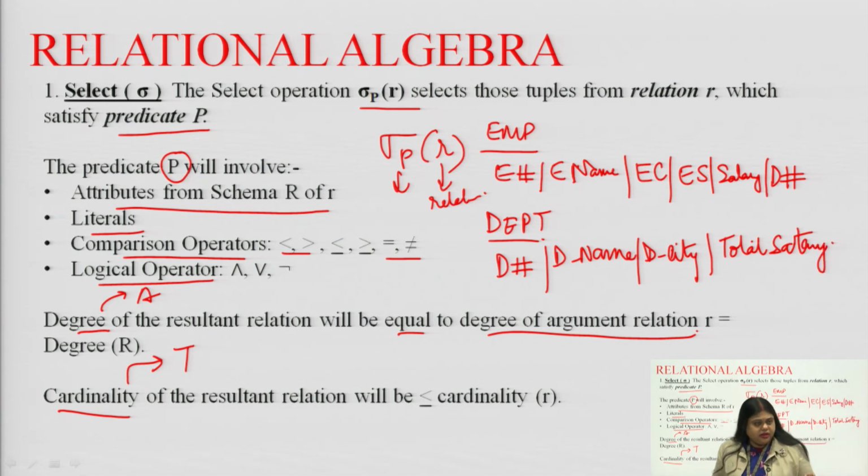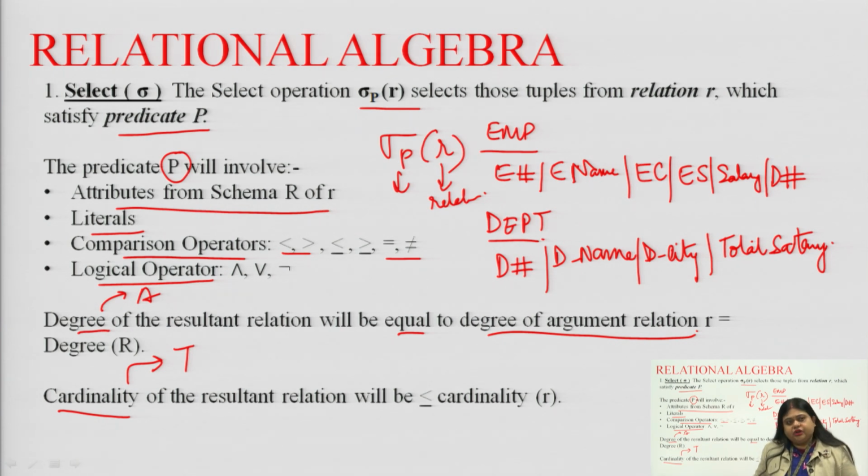Now, I am taking a very simple question that we will solve using the select operator. What is this question? Because we are talking about the employee and the department, let us keep it employee.